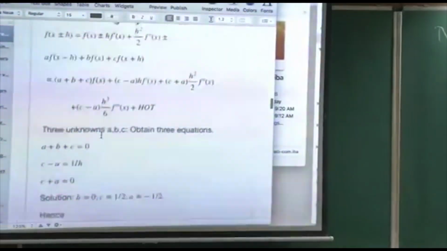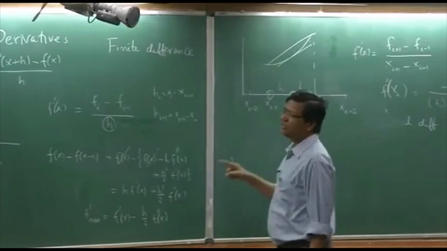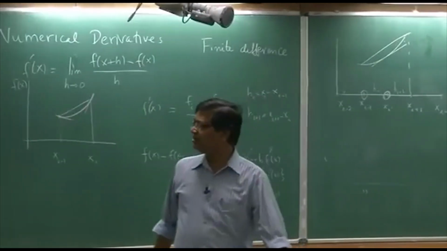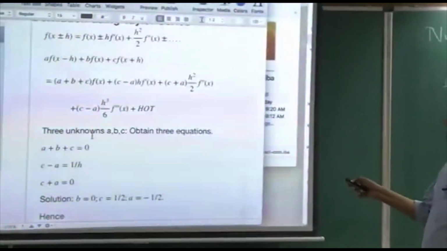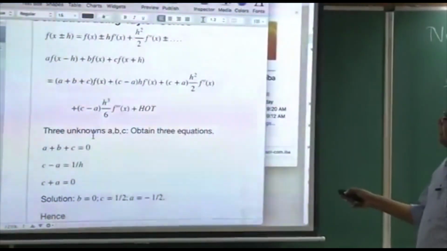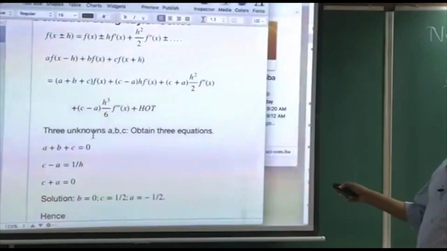So, let us imagine that I want to compute the first order derivative, and also estimate the formula error. I choose 3 points, again with equal interval. So my points are x minus h, x and x plus h. I will do a Taylor series of this, and I will get this expression.